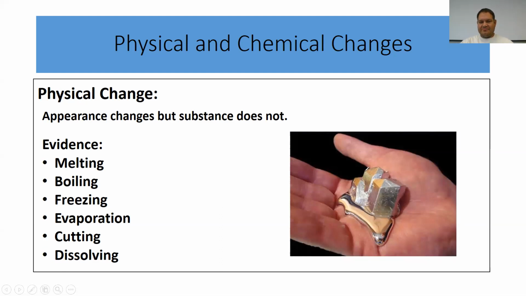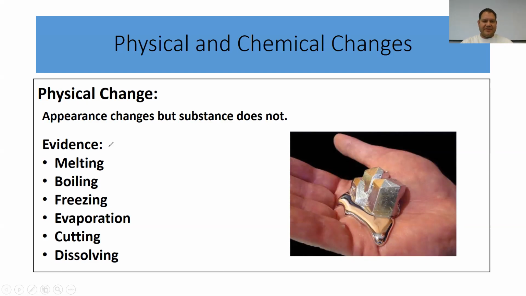So gallium, in the solid state, has these nice little crystals, as you can see, but when it melts, it forms this puddle of liquid. And so this is a physical change because it's changing the appearance of gallium, but it doesn't change the fact that it's still gallium. So whether it's a solid or whether it's a liquid, it's still gallium.